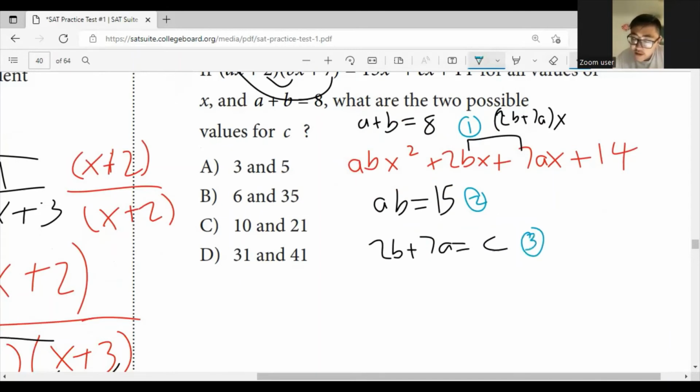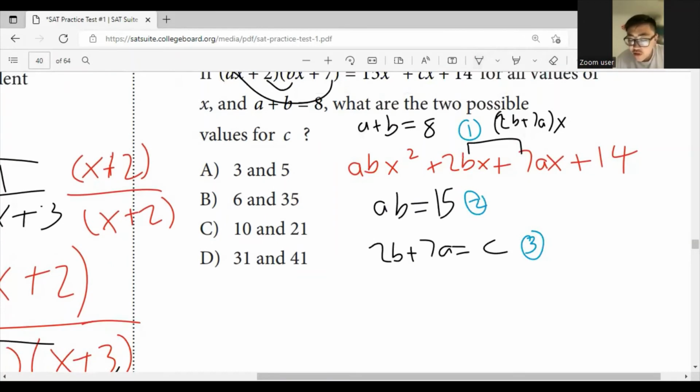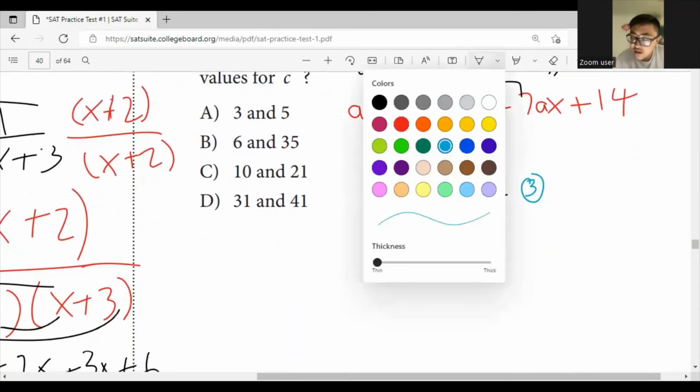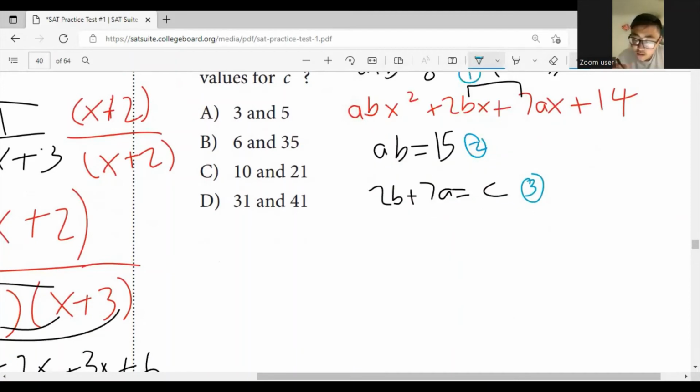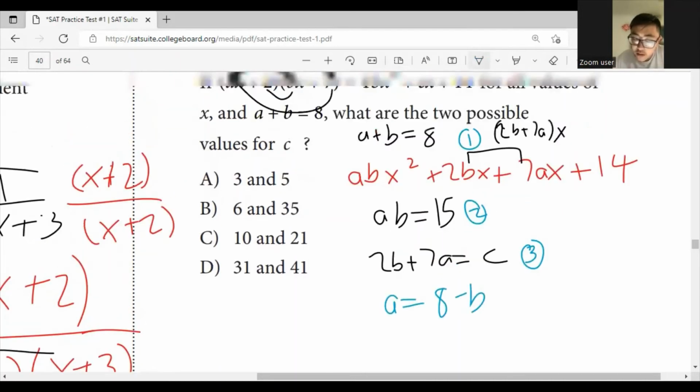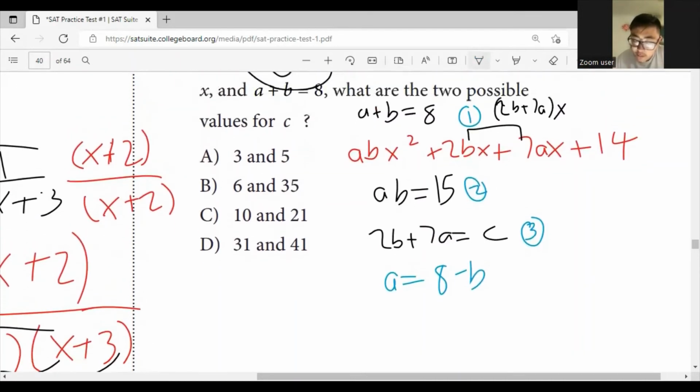So I know a times b equals 15, but a plus b equals 8. So we can treat this as a system of equations, kind of. And we can actually say that a is equal to 8 minus b. All right. So if I know a is equal to 8 minus b, I just used equation 1 and subtracted b on both sides.